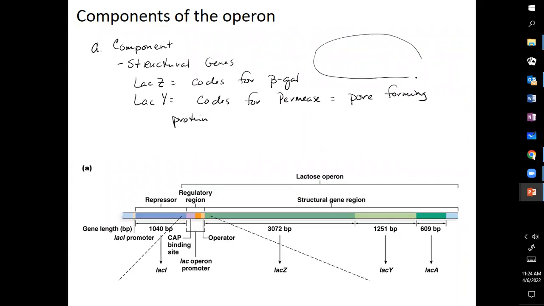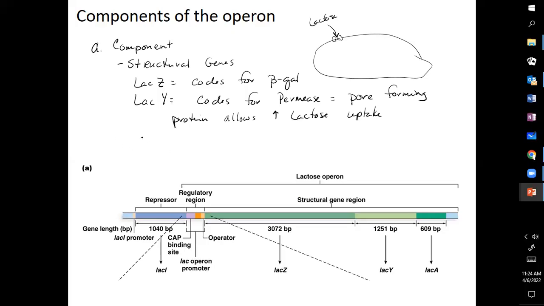So here's a bacterial cell, here's permease embedded in the membrane. It allows efficient uptake of lactose. Some lactose can get in through glucose transporters and others, but it's a pore forming protein that allows a much greater increase in lactose uptake from the cellular environment.